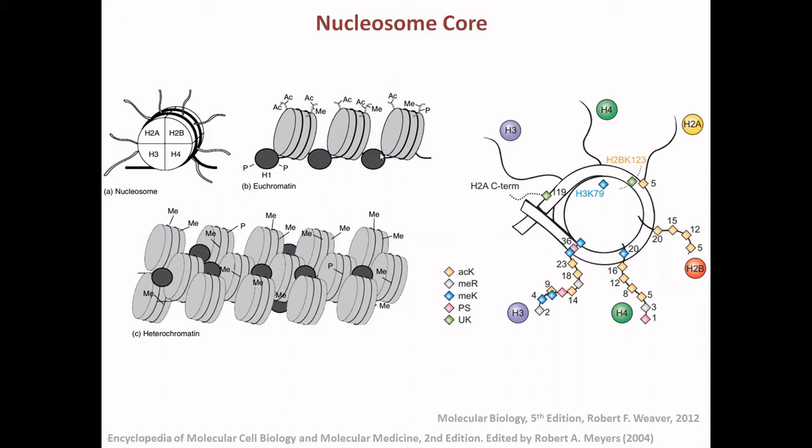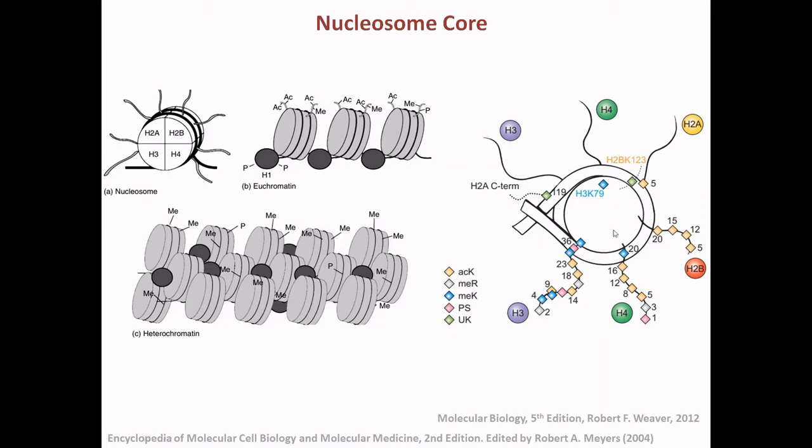There is a post-translational modification of these histones, or we call it the epigenetic modification of the histone molecules, like acetylation of lysine, methylation of arginine and lysine, phosphorylation of serine, and ubiquitinylation of lysine residues. So this is one nucleosome.